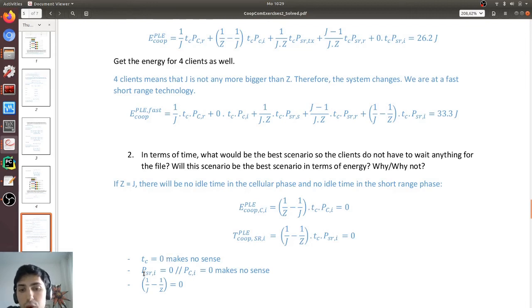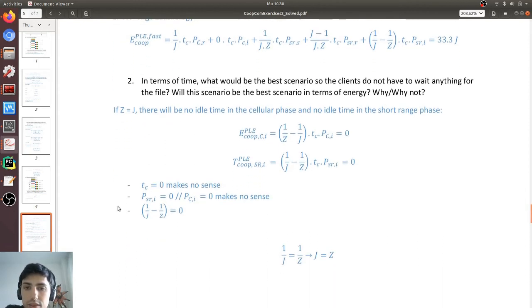If the power is 0, it also makes no sense, because the power in idle could be 0 if you just turn it off, but you don't turn off the antenna unless you know you're not going to use it for long. So it also makes no sense that the power in idle is 0. So the only term that can be 0 is this one. Okay, and here's how we get that.